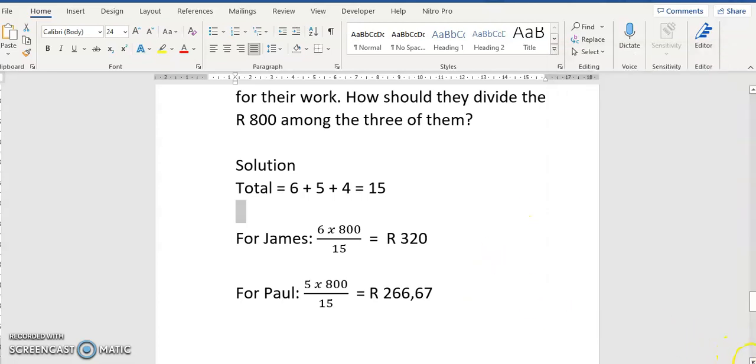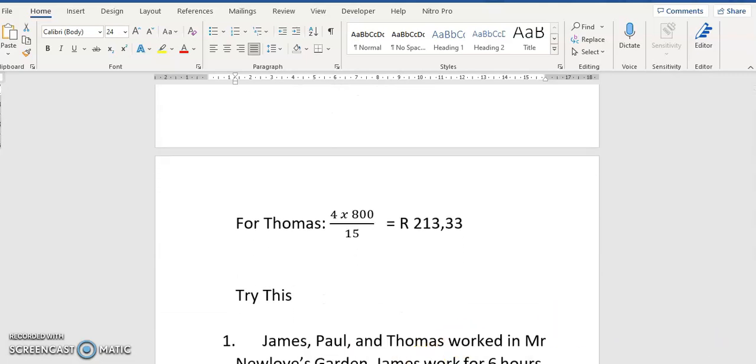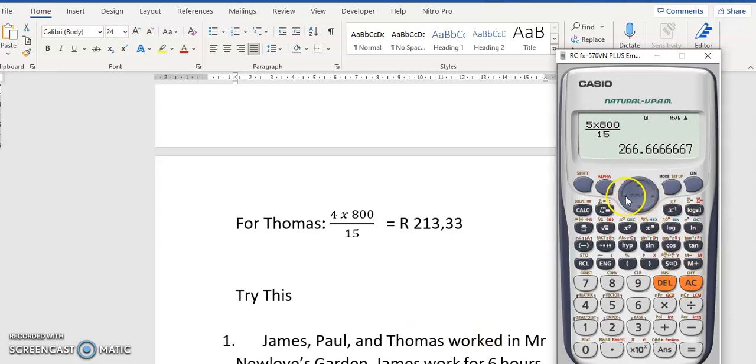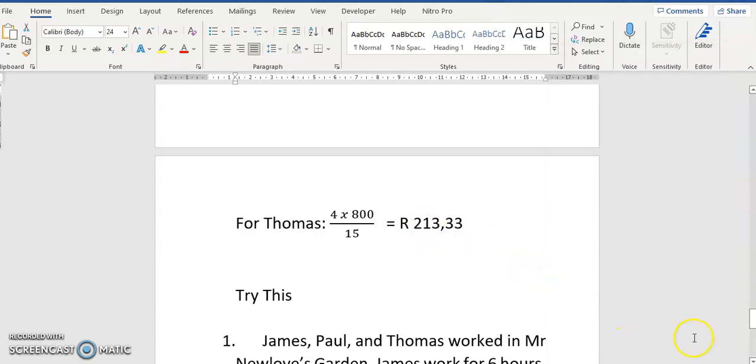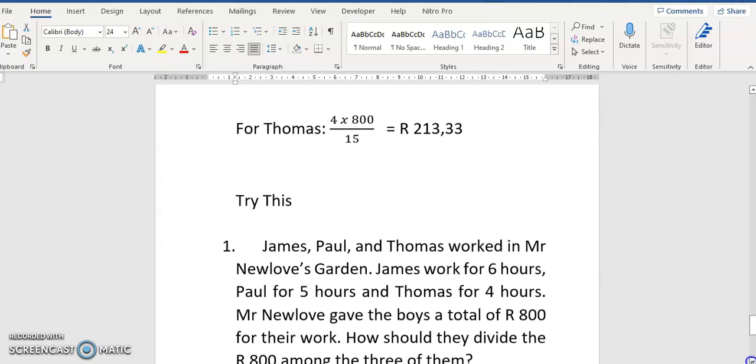Okay, then the next one, Thomas. What is it going to be? Thomas worked for 4 hours. So we are going to have 4 here. And it's going to be 213 rand, 33 cents.